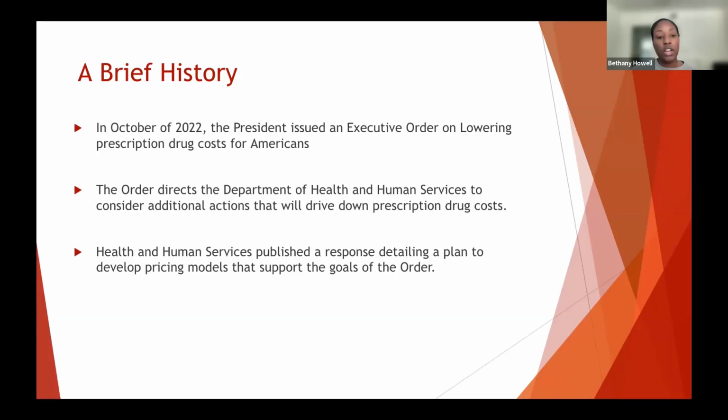The order directs the Department of Health and Human Services to consider what other actions will drive down the cost of prescription medications. In January of this year, Health and Human Services published their response to that order. It was a very detailed response that discussed a plan to develop a pricing model that supports the goal of driving down prescription drug costs.